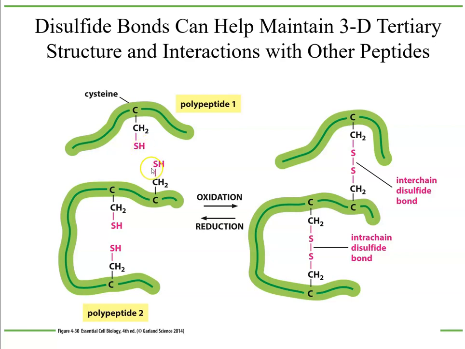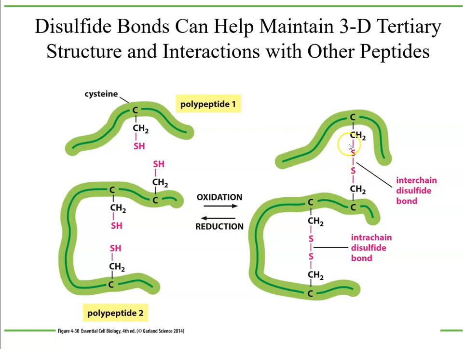But we can also have chemical reactions where these are oxidized, where basically we lose these hydrogens, and then the electrons that are being used to hold on to the hydrogens are going to be shared between the sulfur groups instead. And so this is an oxidation reaction. Then this goes from a hydrogen bonding situation to now a covalent bonding situation.